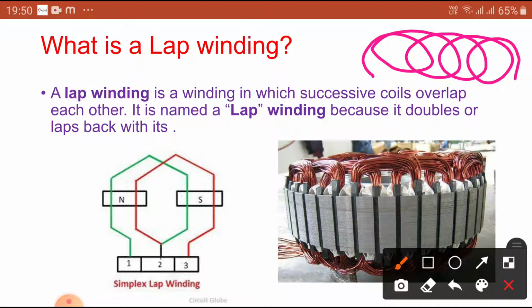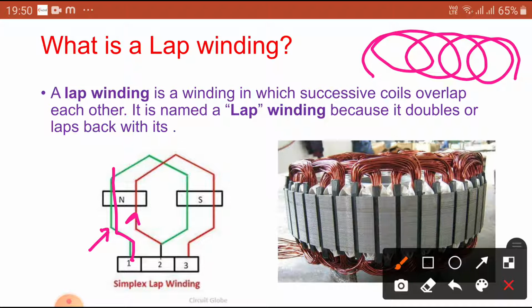Observe that there are two coils, a green coil and a red coil. The green coil consists of two conductor sides. One coil side is placed here under the north pole.